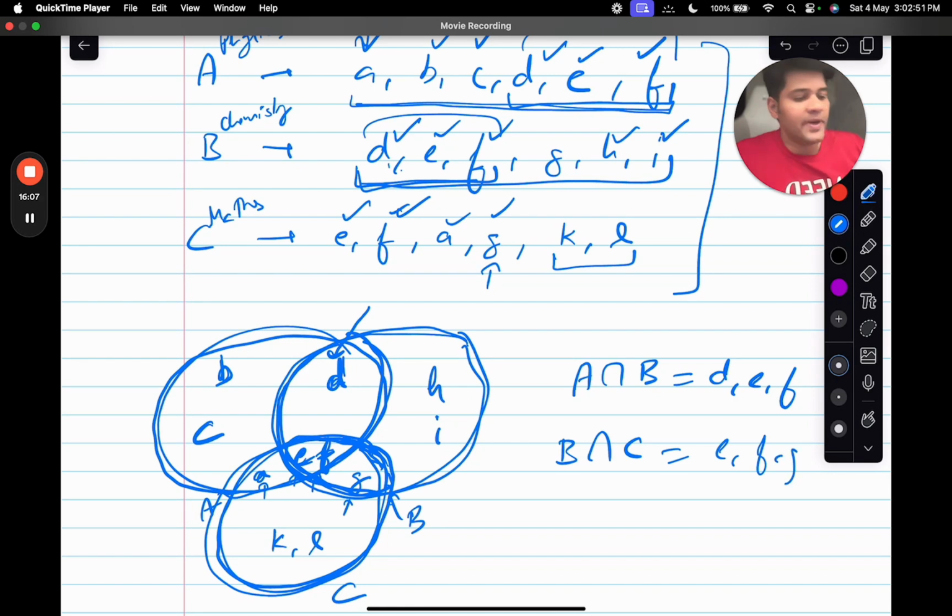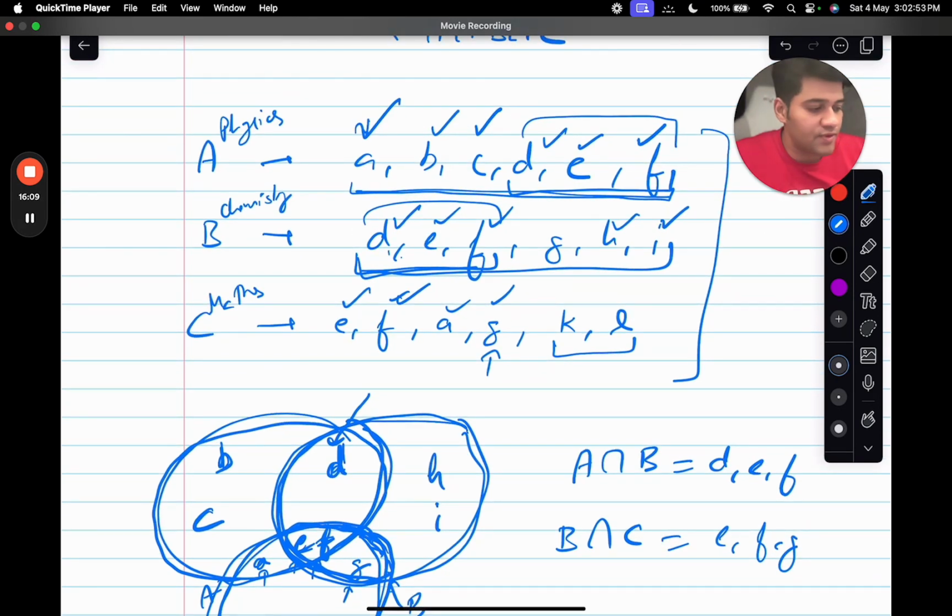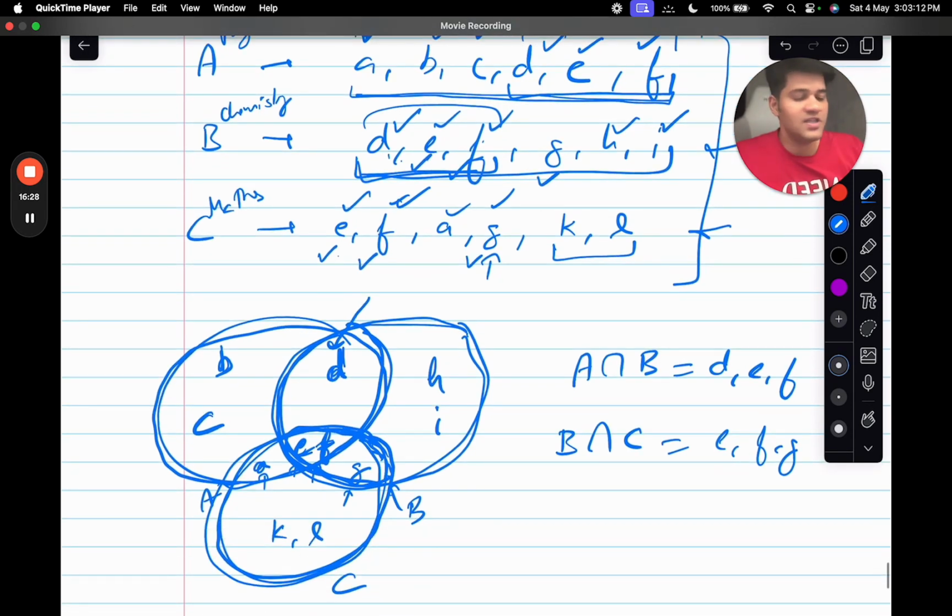So from the diagram I have picked it, and I can check it from the above information also. B is DEFGHI and C is EFAJKL. So KL is not above, and A is also not in B, but E is part of both and F is part of both and G is part of both. So EFG is correct data.